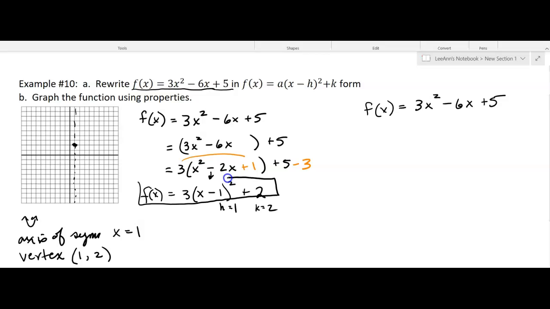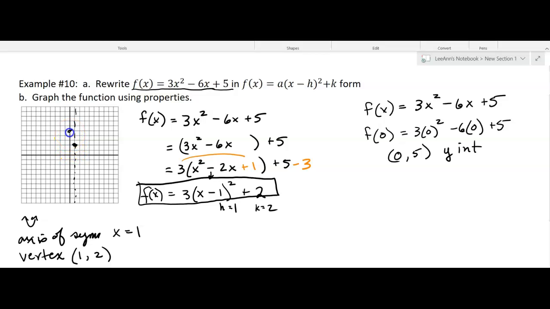You can. I just don't think it's as easy to do. All right, so first we'll find f of 0. This will be the y-intercept. Okay, so we get the point (0, 5). And that's going to be the y-intercept. Okay? So (0, 5). 1, 2, 3, 4, 5.